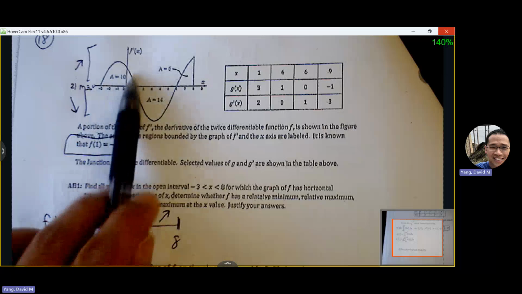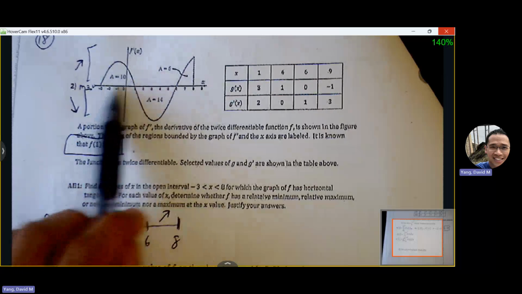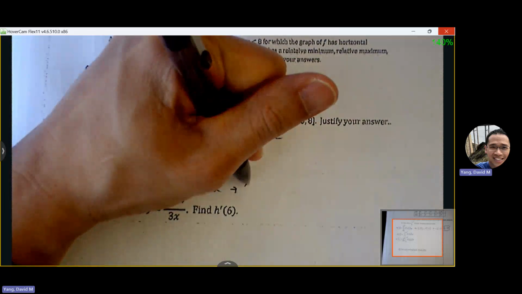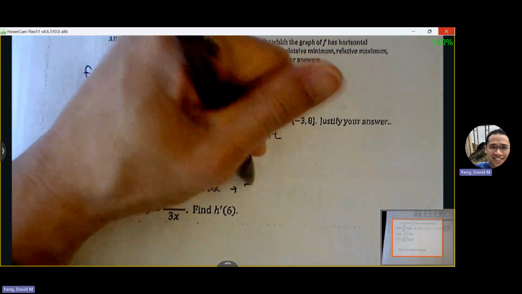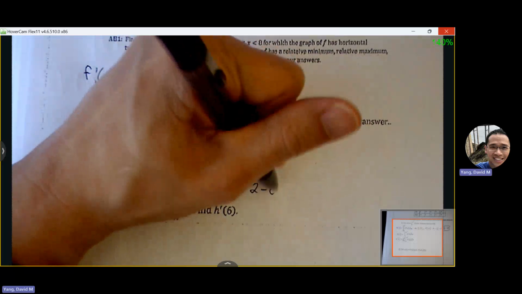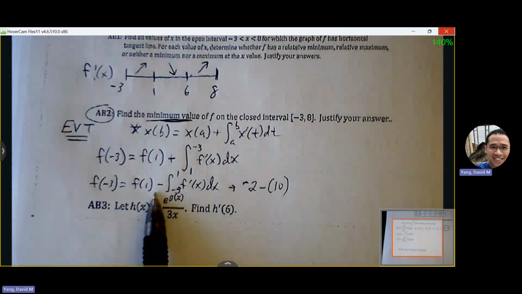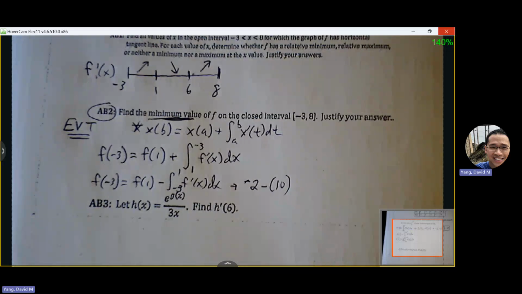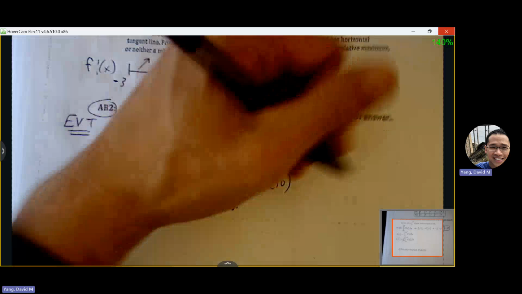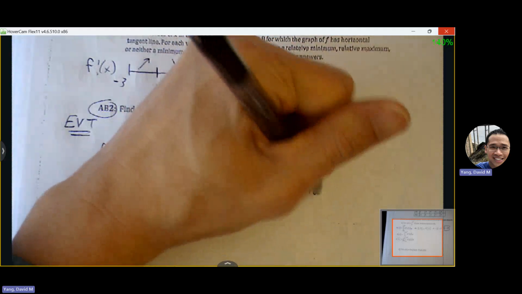They tell us the area there, which is 10, and it's above the x-axis, so we keep that as a positive 10. And f of 1 is -2, so therefore it's -2 minus 10. The minus is because we adjusted the bounds. So -2 minus 10 is -12, so that's one candidate.